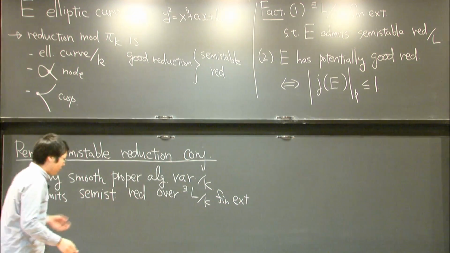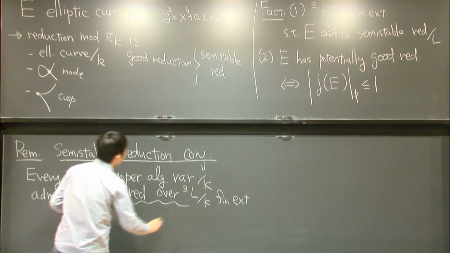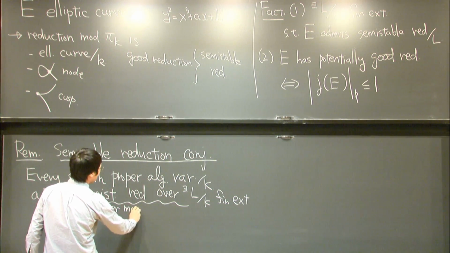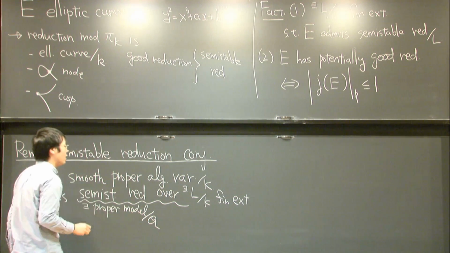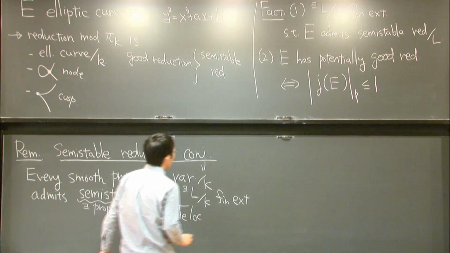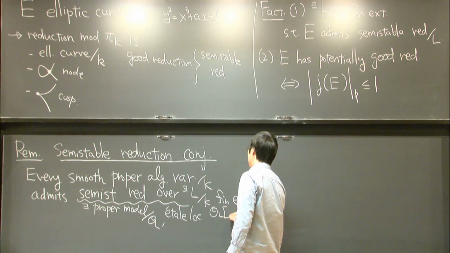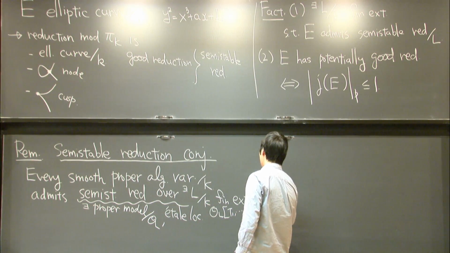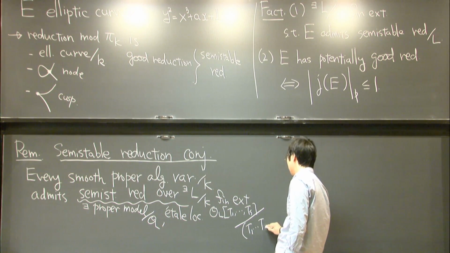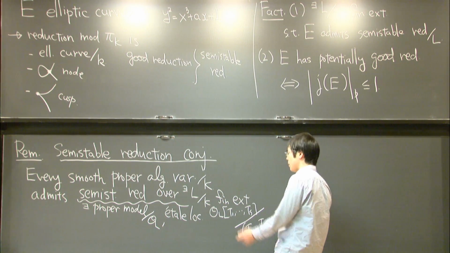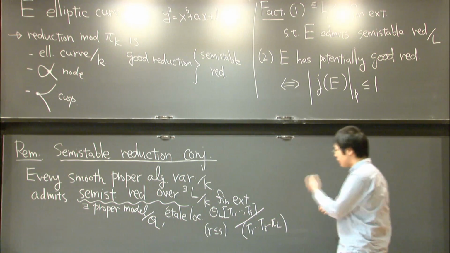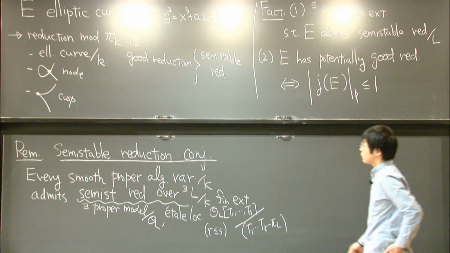For this talk, you don't need to really understand what this means. But roughly speaking, this means there exists a proper model over O_L, which locally looks like you start with several variables, and then divide by the product of them minus a uniformizer of my base field L. This is the general definition of semistable reduction.